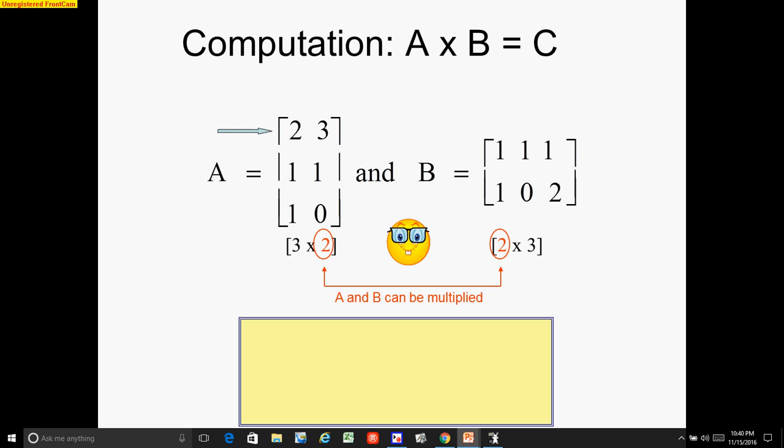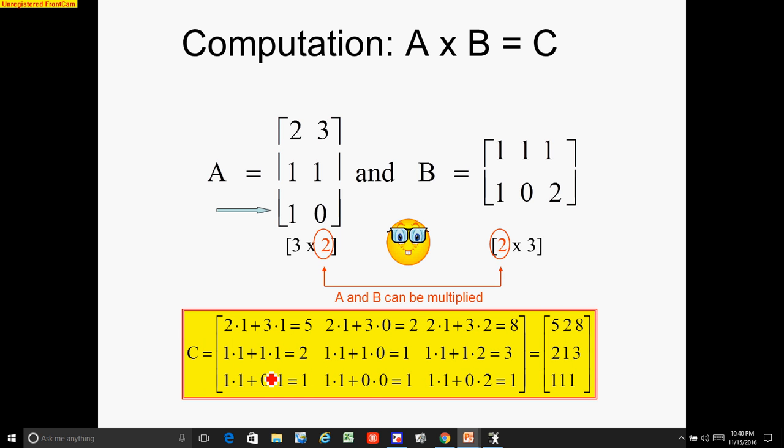You repeat the process with the second row. Go through the first column, second column, third column. Then you go to the third row, and you repeat the process. First column, second column, third column. And that's what I call my working matrix.